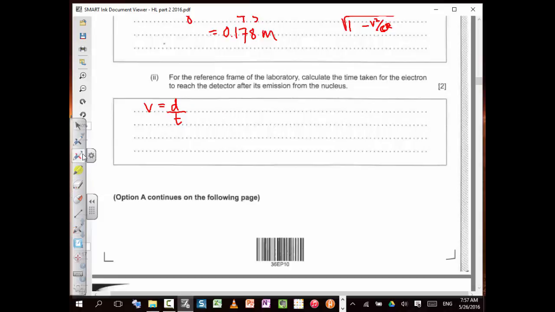So t is equal to d over v, which is equal to 0.8 over 0.975 c, and that comes out at 2.74 times 10 to the negative 9 seconds.